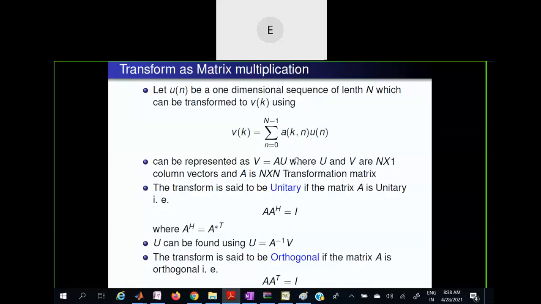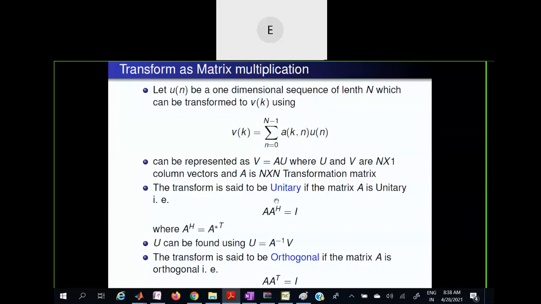The transform here is said to be unitary if the matrix A satisfies a condition called the unitary condition. Then we say such a transform is a unitary transform. Now the question is, what do you mean by a unitary matrix? It's very simple.